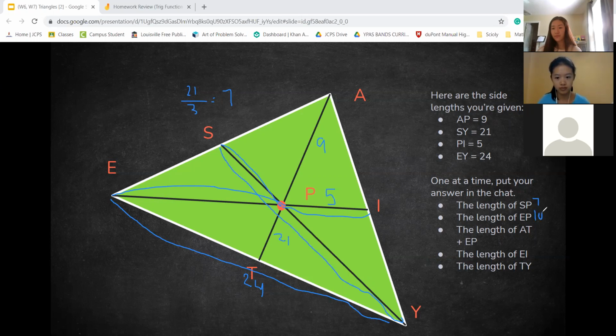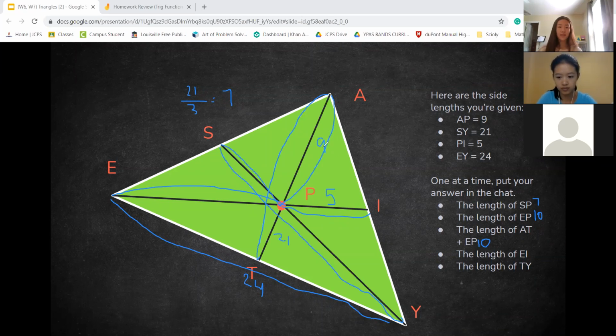The length of AT plus EP. We just said EP is 10, right? So I know this is 10. Now I'm going to try and find AT. AT is the length of this entire median. We know that AP, this part, is 9, and this 9 is 2/3 of the entire length.